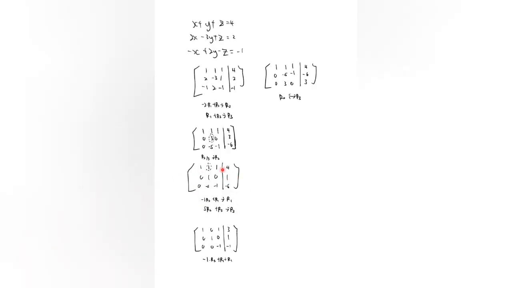So from the question here, negative 1 multiplied with 0 plus 1 gets a 1, and negative 1 multiplied with 1 plus 1 gets a 0, and negative 1 multiplied with 0 plus 1 gets 1, and negative 1 multiplied with 1 plus 4 gets a 3.